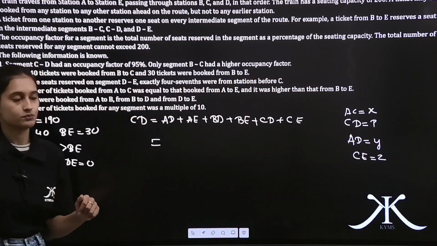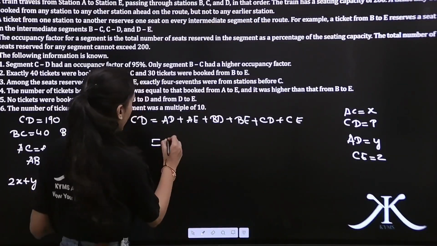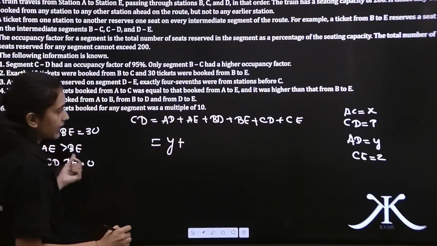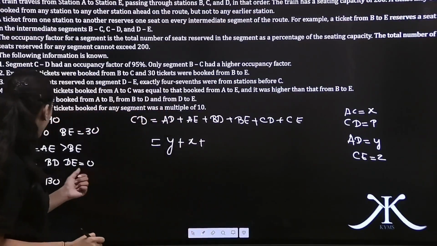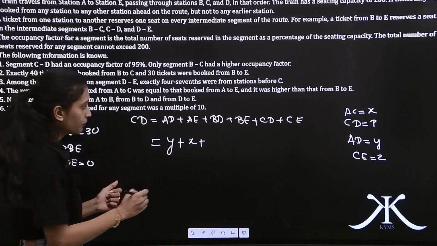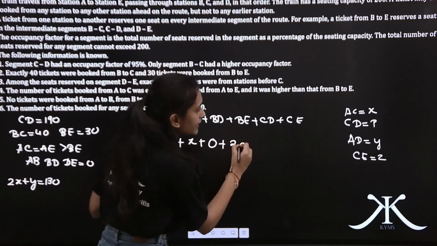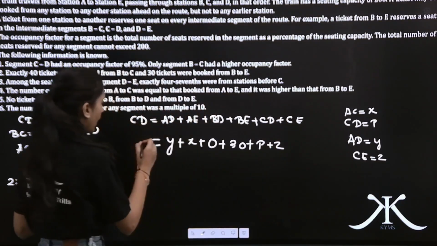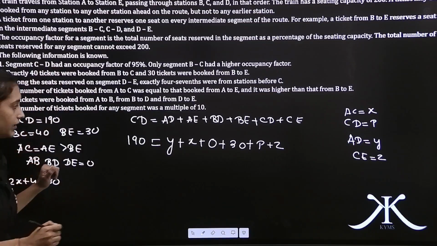Now AD is Y, AE is equal to AC, that is equal to X. Now for BD we have 0, BE we have 30, CD we have P and CE we have Z. And CD is equal to 95%, that is 190.